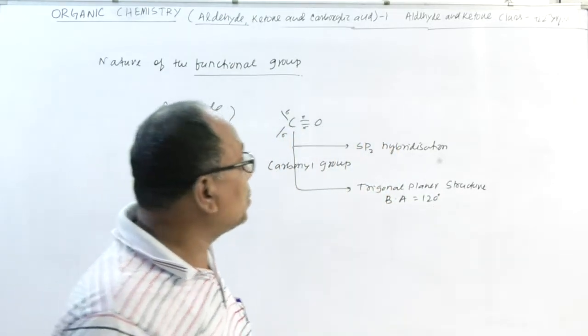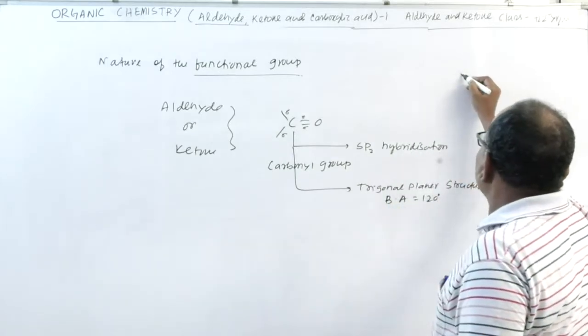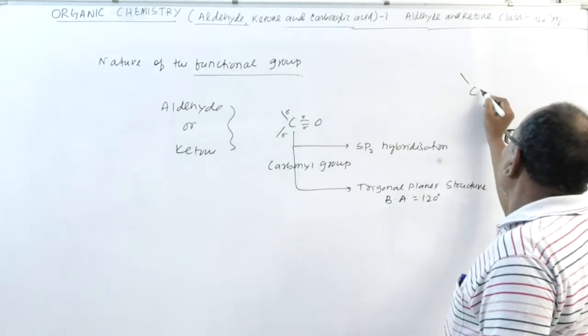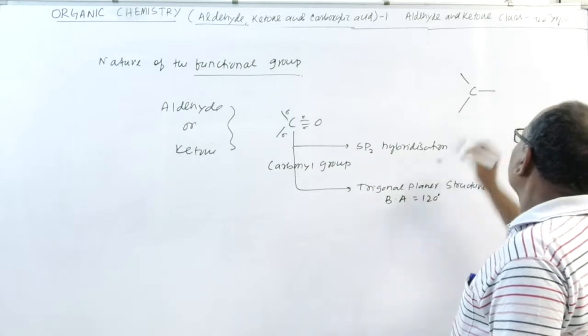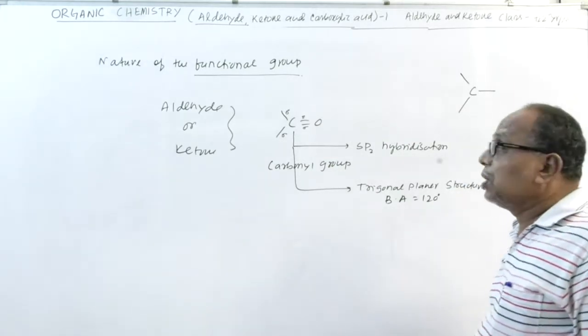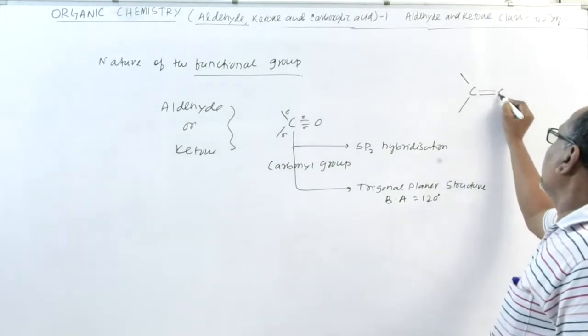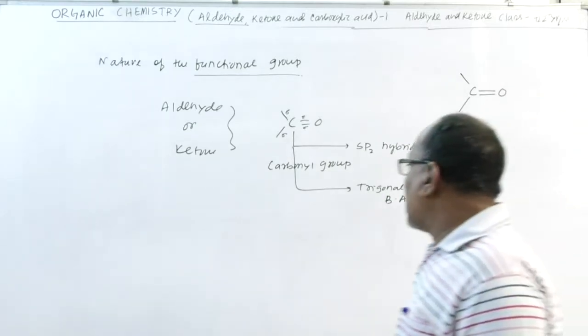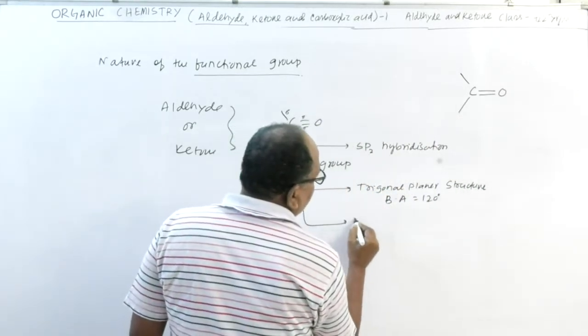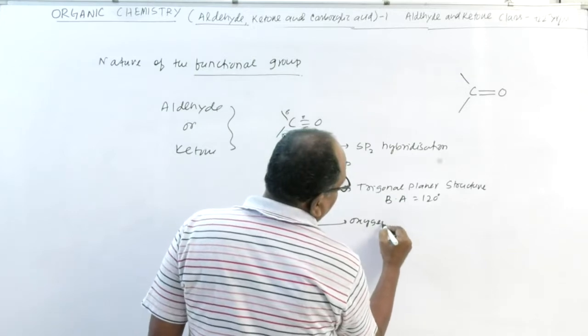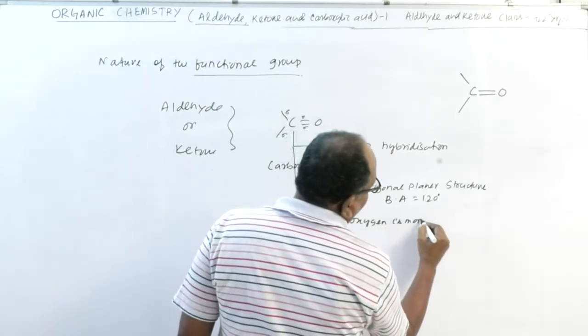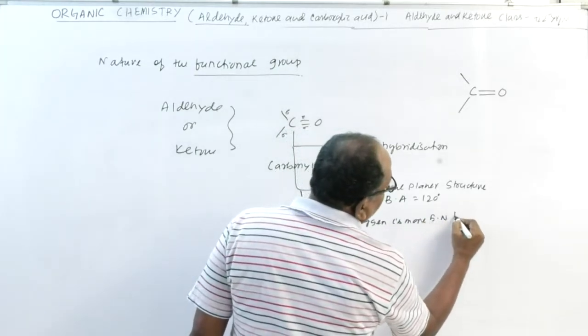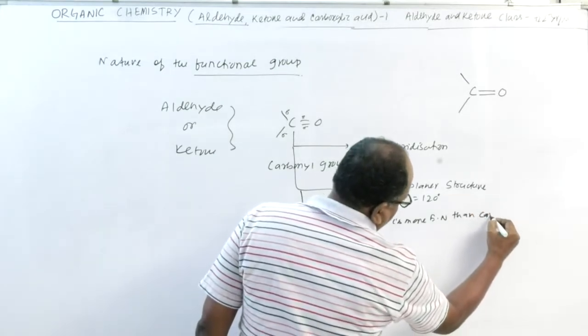What is trigonal planar structure? That is C, this is called trigonal planar structure, and this is your pi bond with oxygen. In carbonyl group, oxygen is more electronegative than carbon.